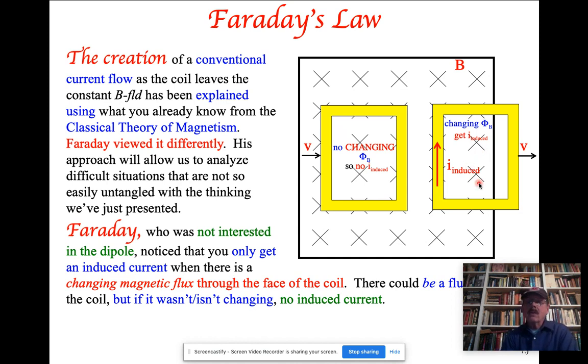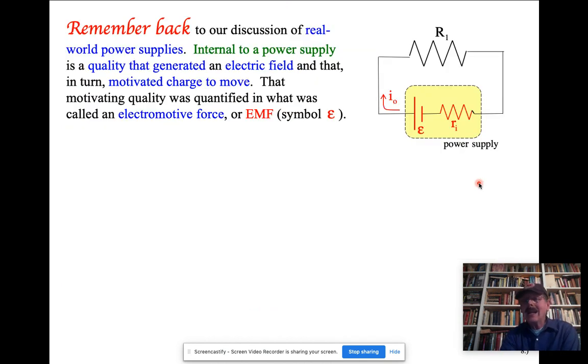Now, he could have tried to relate the changing magnetic flux to the current, but instead, what he related it to was the induced EMF, the induced electromotive force that was generated in the coil, which means we need to do a little review. If you remember back, a real-world power supply has two parts to it.